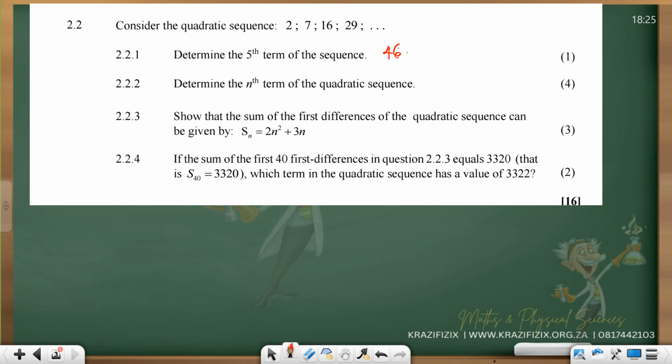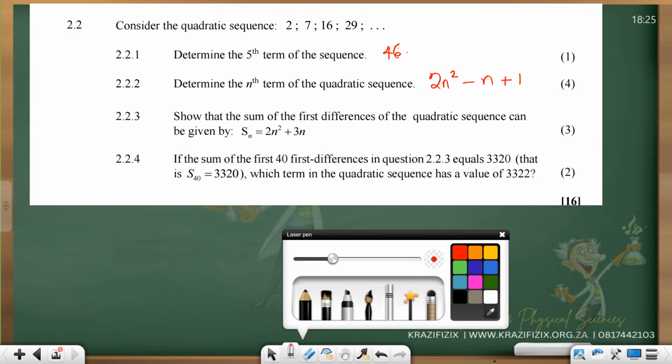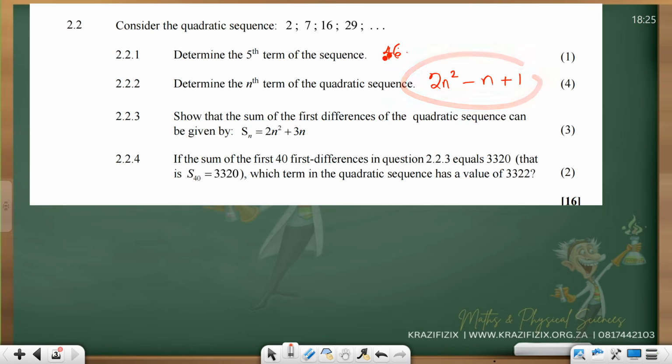What is Tn? 2n squared minus n minus n. Last one. Did you get it? If you got the second one, there's no way you should get this wrong. All you need to do is to say 50 and put a 5 there and then go back.